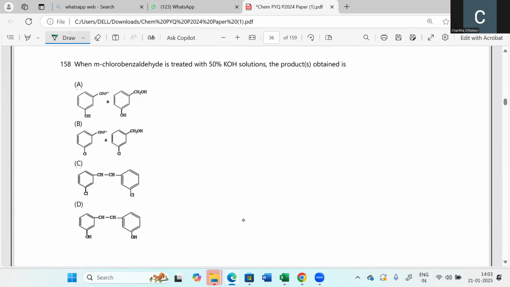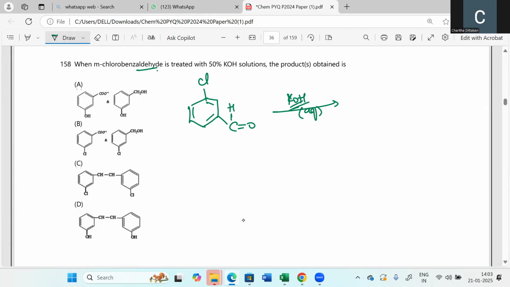Next, when M-chlorobenzaldehyde is treated with... let me first draw chloro and then M-chloro. Meta, benzaldehyde, right? So this is CH double bond O. It is treated with 50% KOH solution. KOH aqueous, 50% means the rest of it is water. Then what turns out to be here?